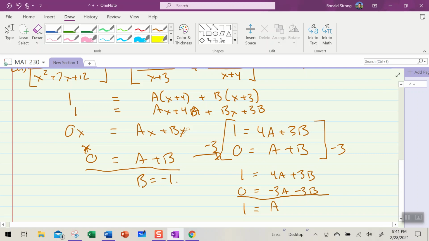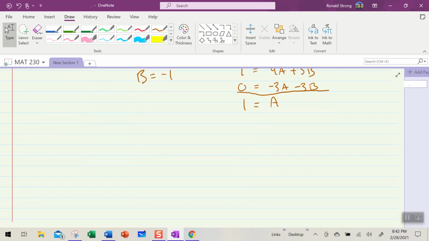So that is enough to put together our new integral.